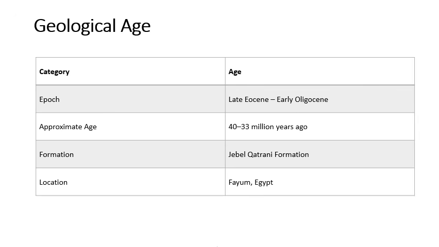Now we will discuss the geological age. Parapithecus lived approximately 34 to 30 million years ago. However, some books give evidence of 40 to 33 million years ago also.